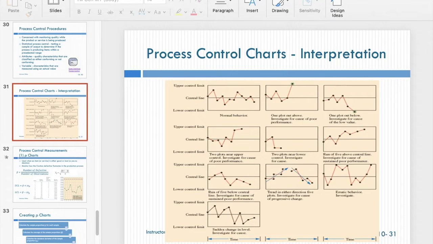Now let's look at the following one. For this one, first of all it fluctuates, but later on it goes up and also approaches the upper control limit. So this one is very similar to the second one, although it's not yet above the upper control limit. You see it's trending up, and this dot is very close to the upper control limit.